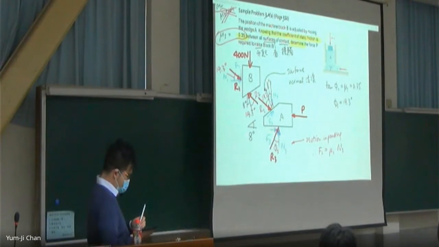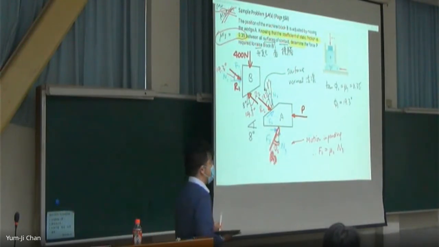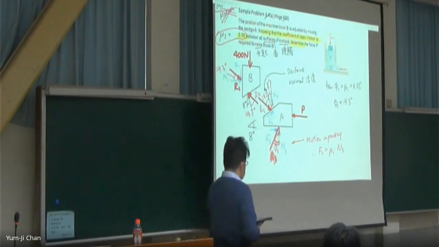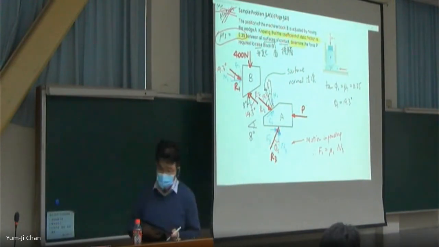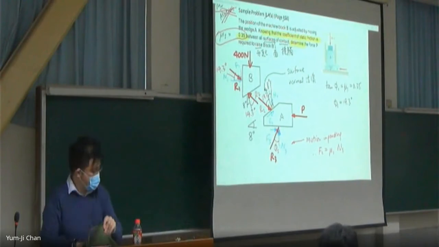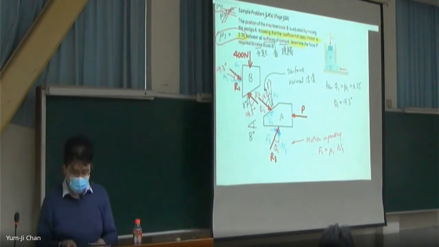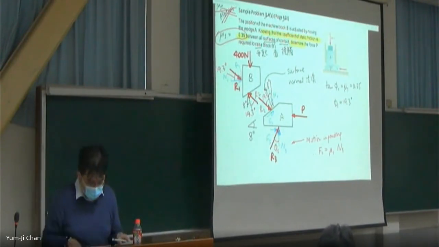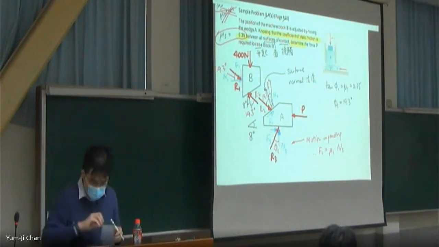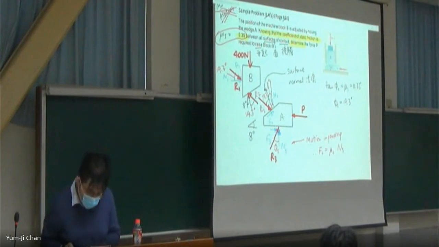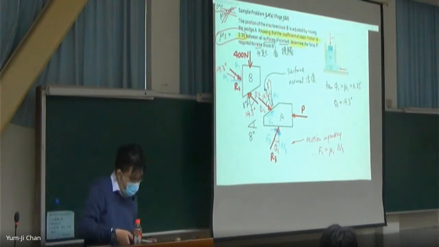So we draw a single reaction force R3 with this angle phi s. Is that okay? In the book, I have mixed up R1 and R2, so it is better to use the symbols in the book.